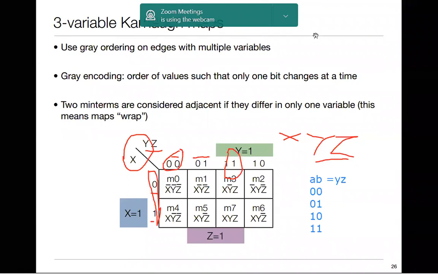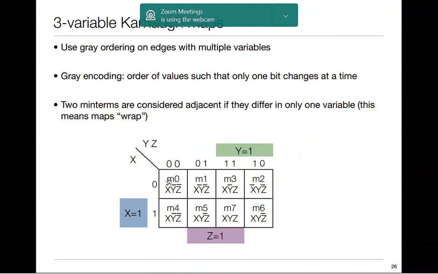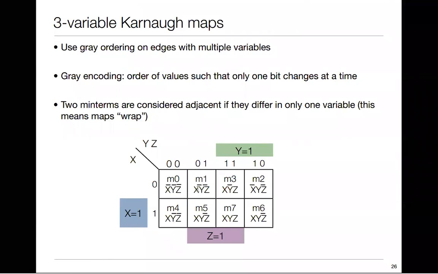Now if you write a 3-variable K-map, what does the first block over here represent? It represents 0, 0, 0 or X bar, Y bar, Z bar for the minterm. The next one over here is 0, 0, 1. So X is 0, X bar, Y will be 0, Y bar and Z will not have a bar.